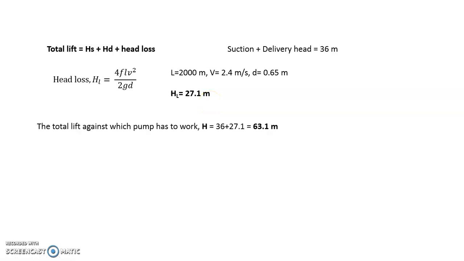Now we can calculate total lift. Total lift is 36 meters, Hs plus Hd, plus head loss 27.1, and it is around 63.1 meters. H is 63.1 meters. Brake horsepower of the pump is WHP divided by eta. Strictly, this WHP should be in kilowatts. Then only you can substitute the horsepower conversion. Instead, you can also substitute 735 if you keep gamma QH in terms of watts.